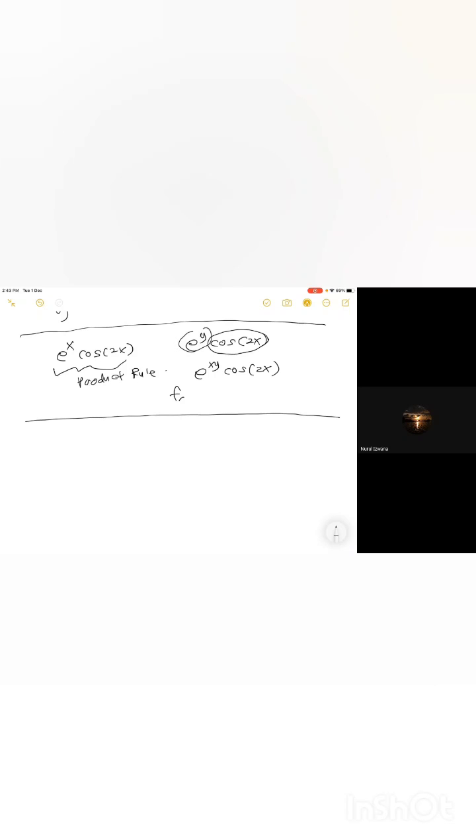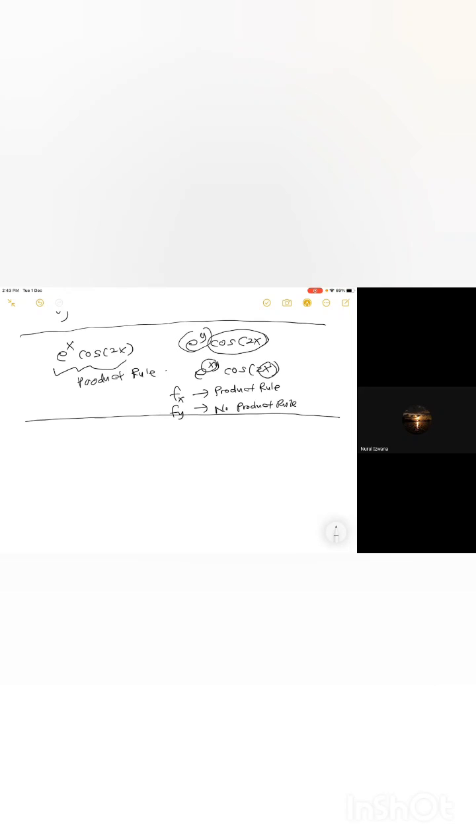When you want to differentiate with respect to x, then you have to use the product rule. Why? Because here there is x, and here there is also x. But if you want to differentiate with respect to y, you don't have to use the product rule. Okay? You do it as usual. Regular, okay?